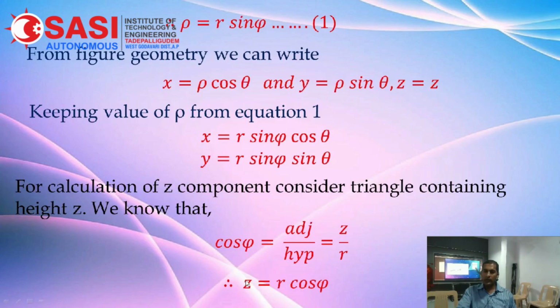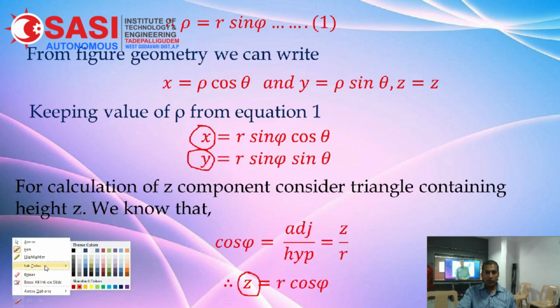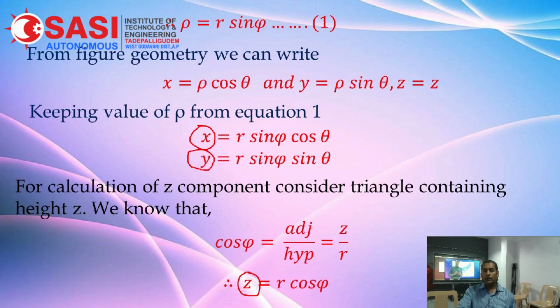So here what we are doing: x, y and z are the components of the Cartesian coordinate system. x is Cartesian, y is Cartesian, z is also Cartesian. And we are converting them into the form of r, phi and theta.